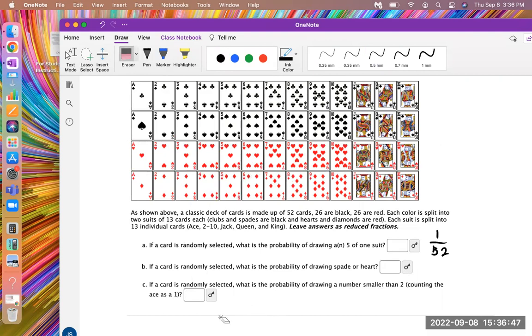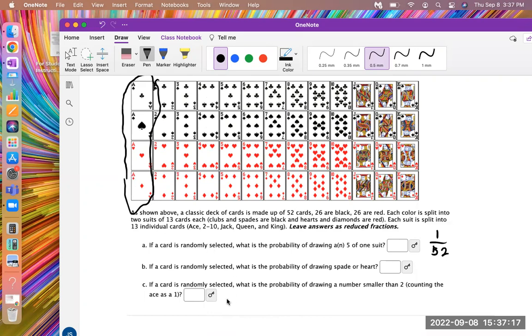Notice they say smaller than 2, not smaller than or equal to 2, so 2 is not included. It's strictly smaller than 2. So the only cards smaller than 2 are the aces, which they say to count as a 1. So there's only 4 cards smaller than 2.